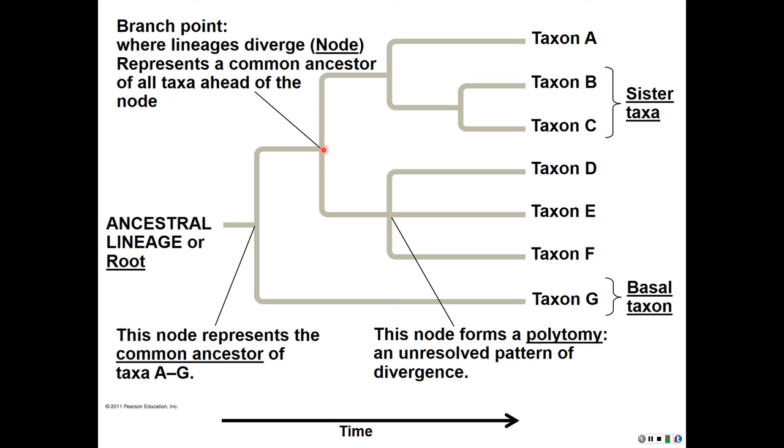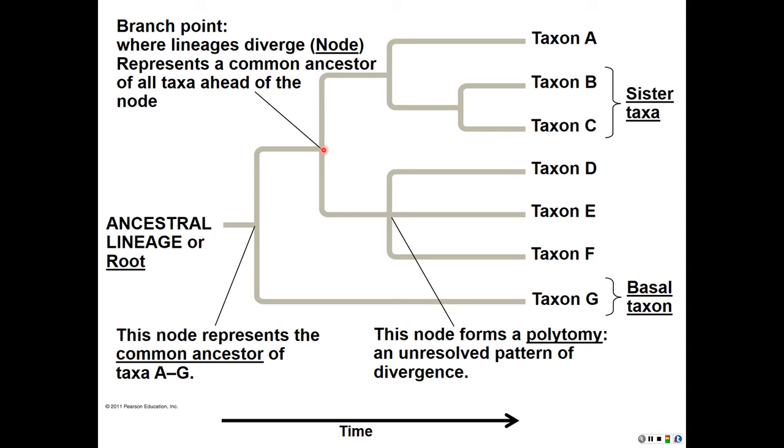What we would call a basal taxon is a lineage that evolved from the common ancestor of the tree early and remains unbranched. Okay, so evolved early from ancestor and remains unbranched. In other words, unchanged through evolutionary time.